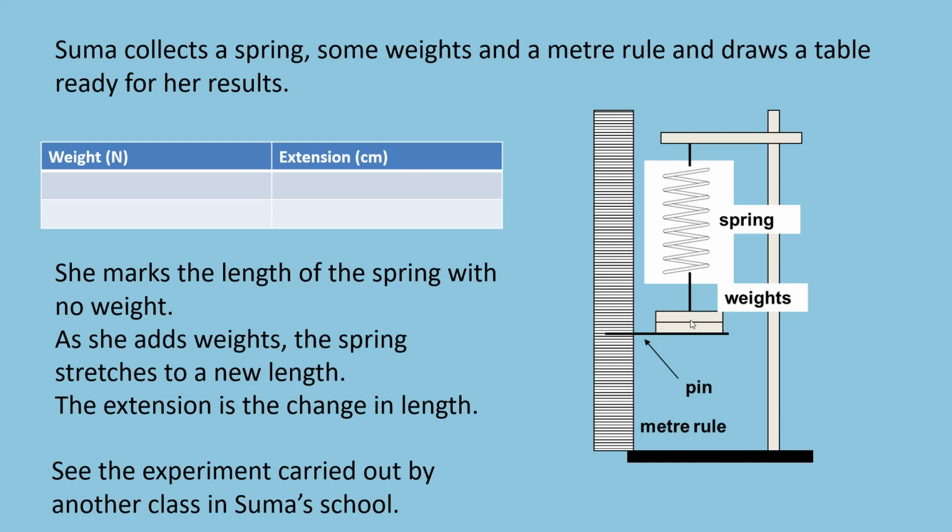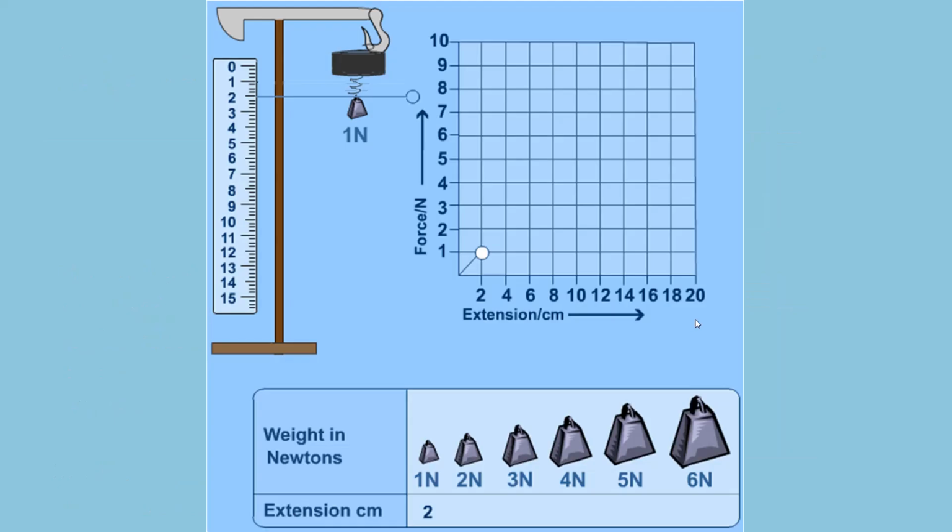I will give you an example. See the experiment carried out by another class in Suma's school. Let's see another experiment done by another class. So, this is a spring, okay? First of all, we put a weight of 1 Newton. The extension is 2, okay?